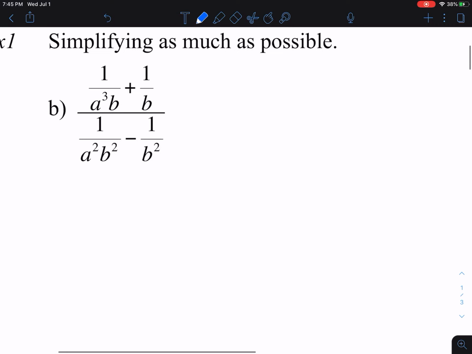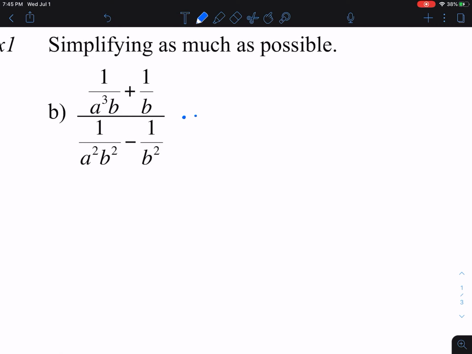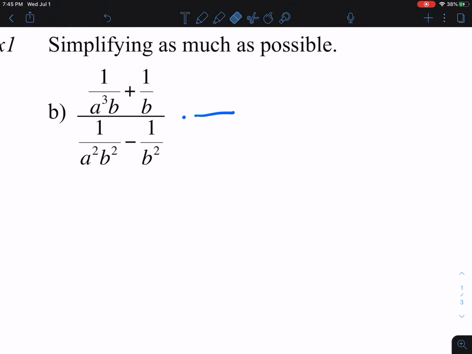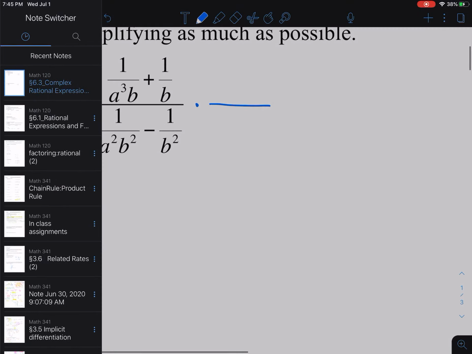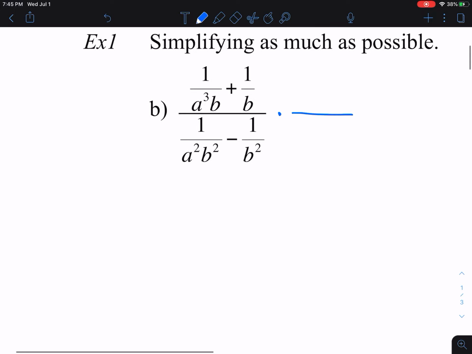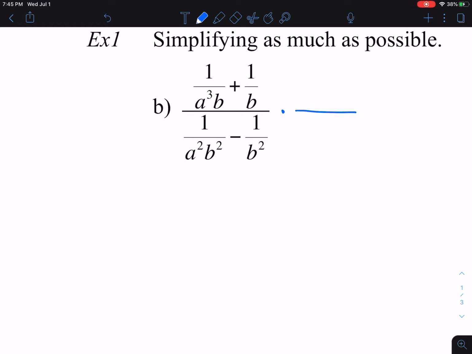The goal is to figure out what factor of 1 to multiply to the numerator and denominator so that I can simplify the fractions within. To do that, we need to find the LCD for the numerator fractions and the denominator fractions, one single LCD that works for both of them.